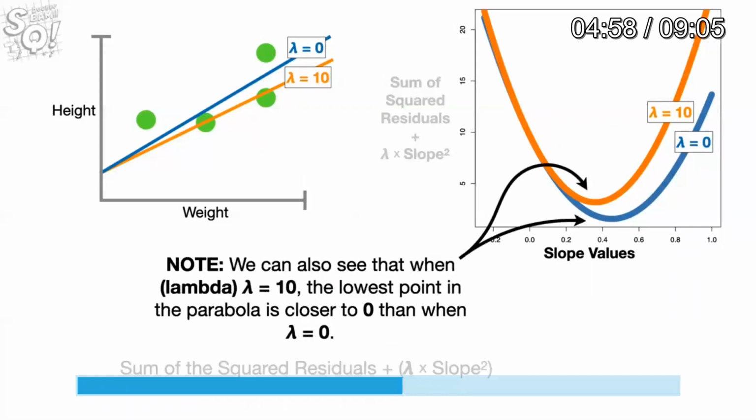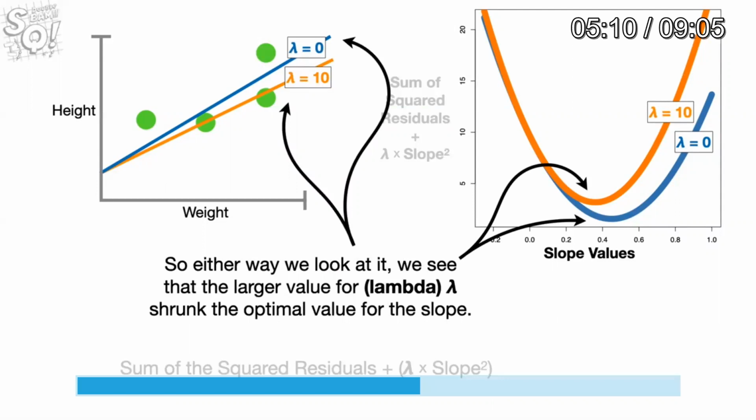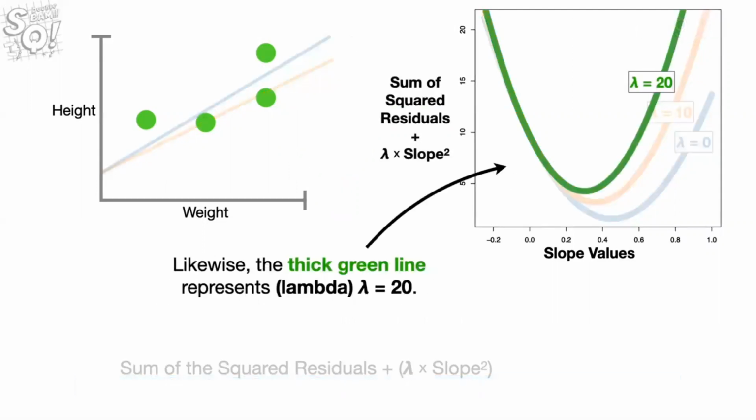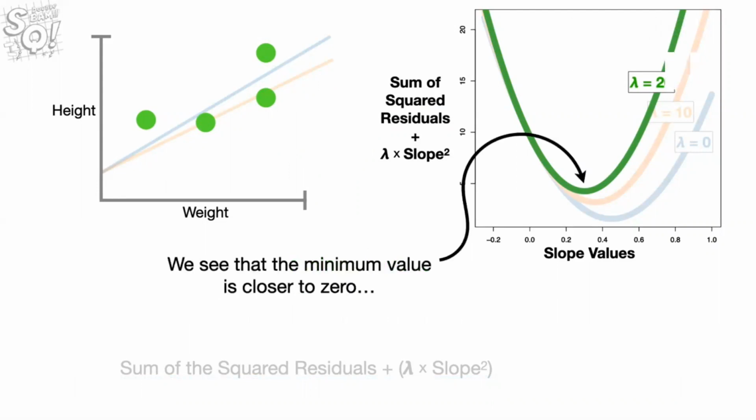Now, let's say that we increase this value of lambda to 20. If you repeat the same procedure, you start by choosing a lower value of your slope, and then you start increasing slope little by little.